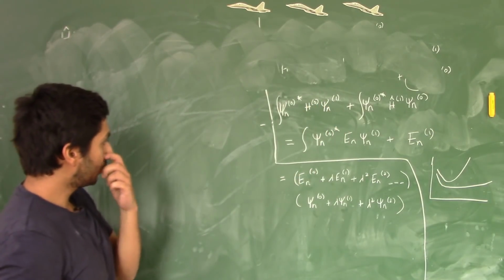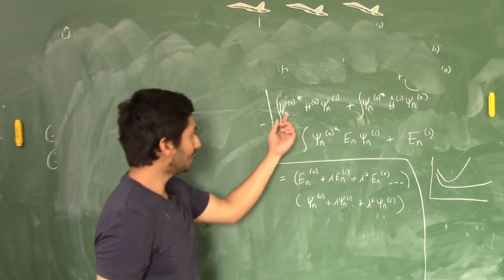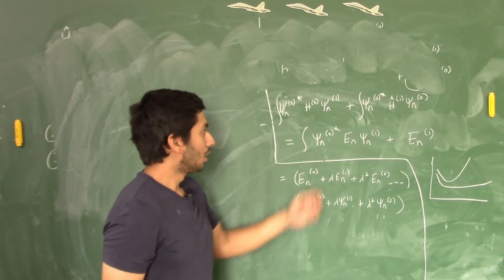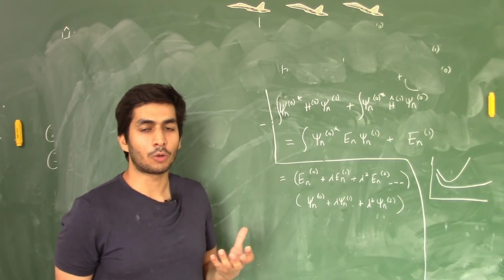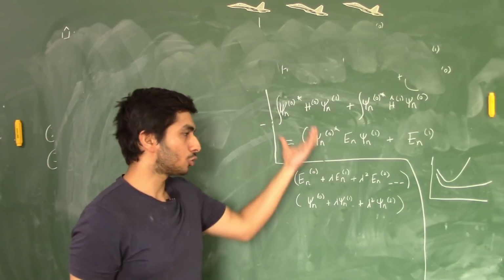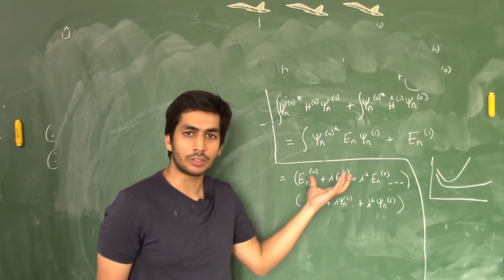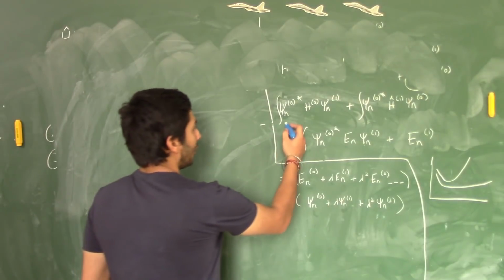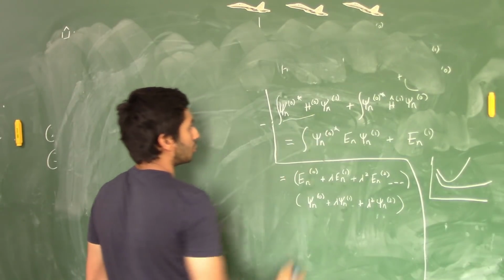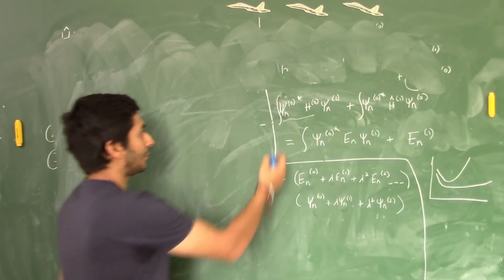Now if you see this term and this term, we have to make use of the property of a Hermitian operator. Obviously these are quantum mechanical operators, so they are Hermitian. We have this term ψn⁰* and H⁰.